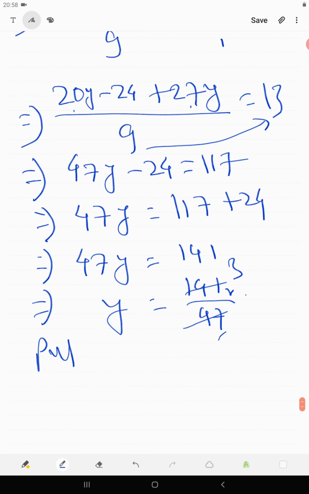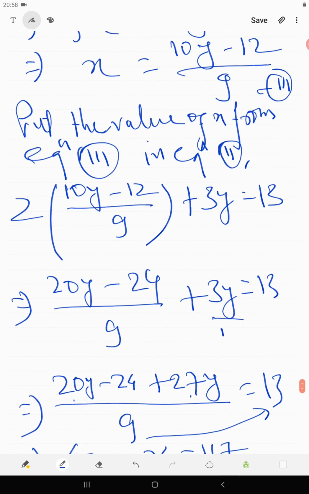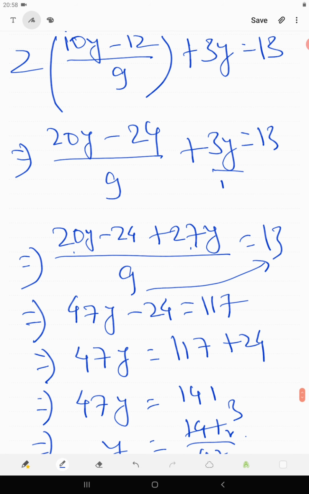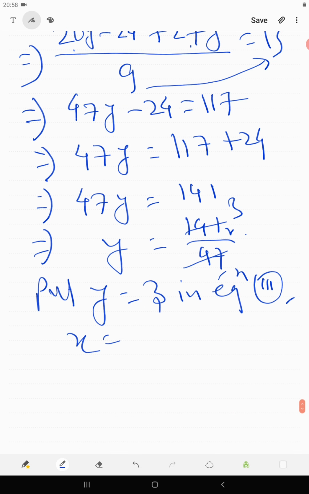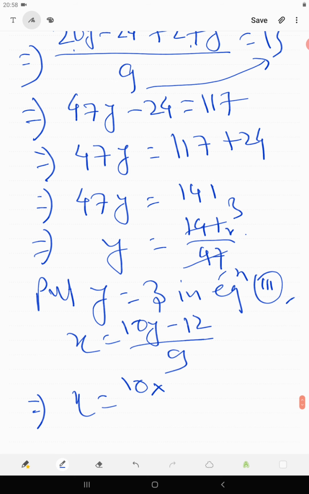Now put y equals 3 in equation 3. So what will we get? What was our equation 3? x equals 10y minus 12 by 9, correct? So now put the value. So x equals 10 into 3 minus 12 divided by 9.